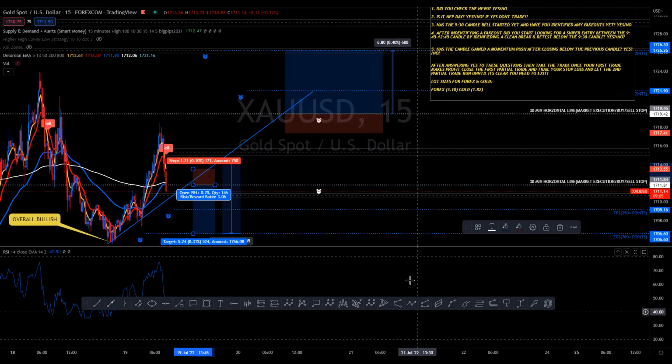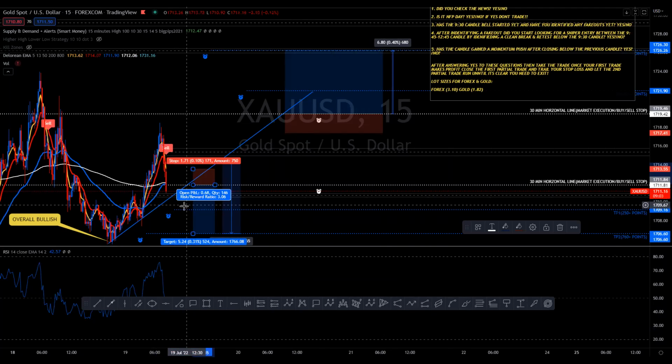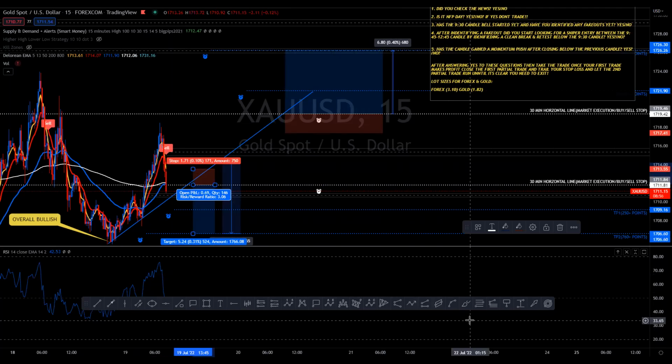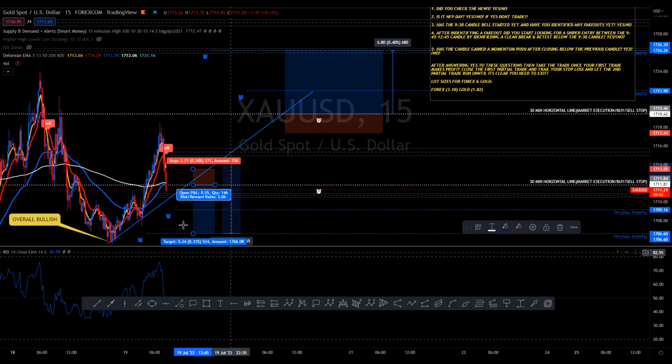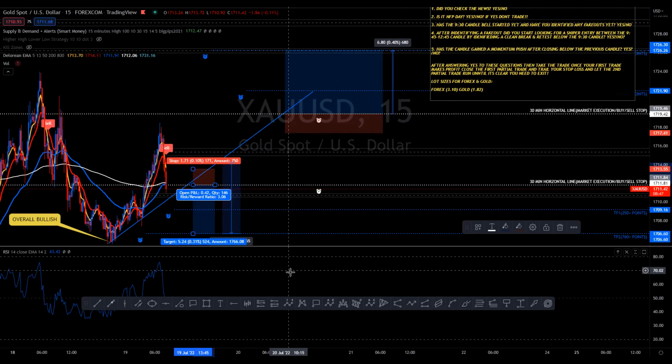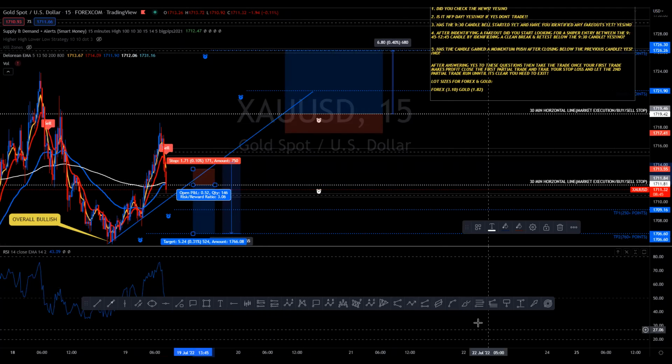Looks like gold is dropping. And I got a cross. Might wait for the next candle. Let's see, they can start faking out.